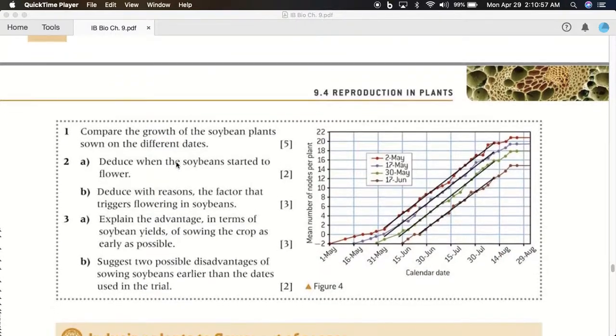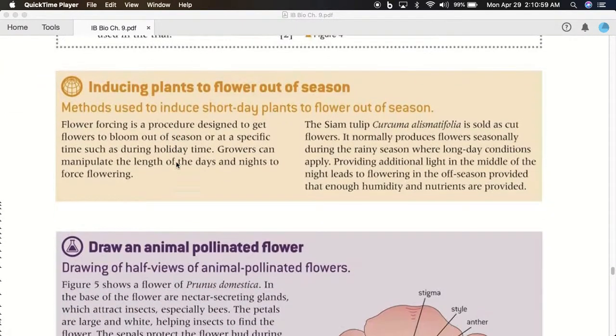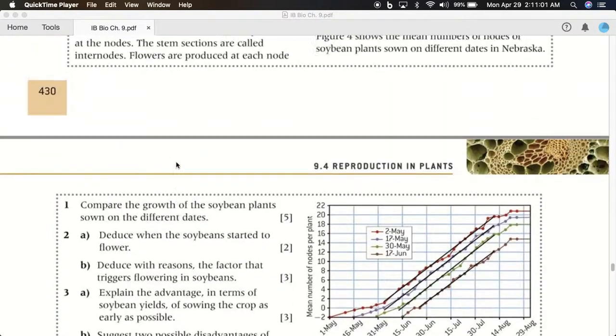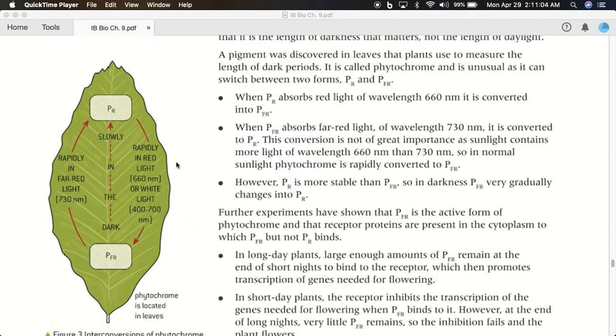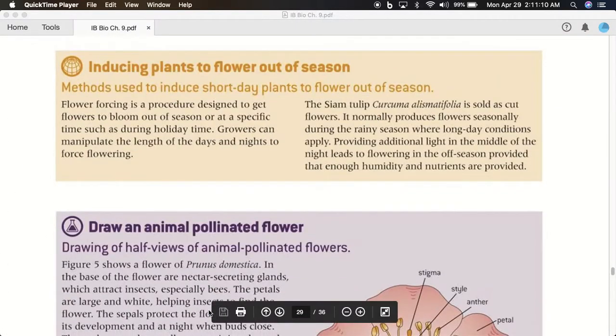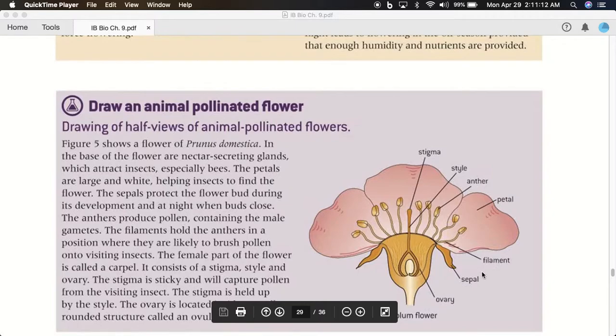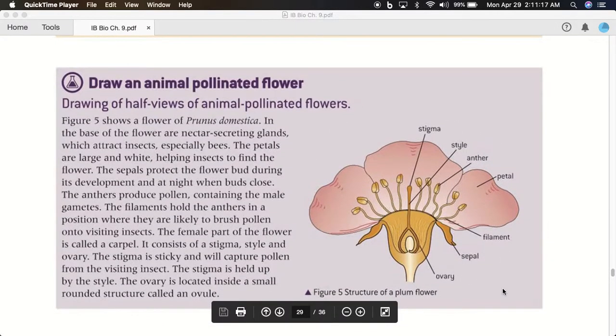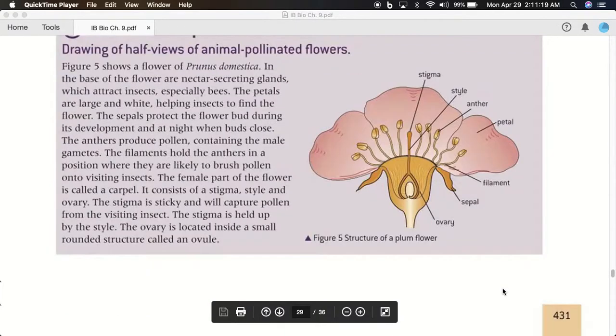Okay, that's a good image to look at. That's probably one of the more important images in the plants chapter, this picture right here, and understanding these bullets that you have on the side. The other things that you need to check out are this flower image, because you should know the different parts of a flower that can be pollinated.